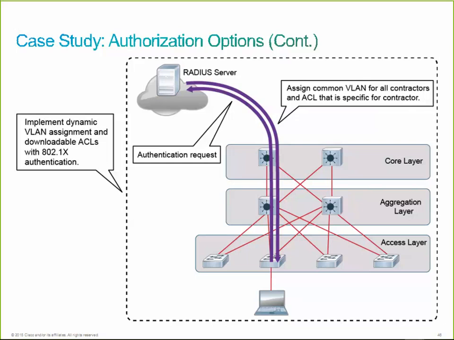Okay. We were talking about downloadable ACLs. These downloadable ACLs allow me to enable per-user access control lists that are configured on the RADIUS server. So when a user gets authenticated on the 802.1X port, the RADIUS server sends an access control list to the switch, and then the switch applies those attributes to that port during that particular session.